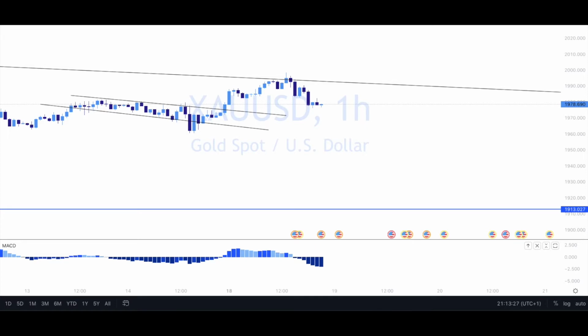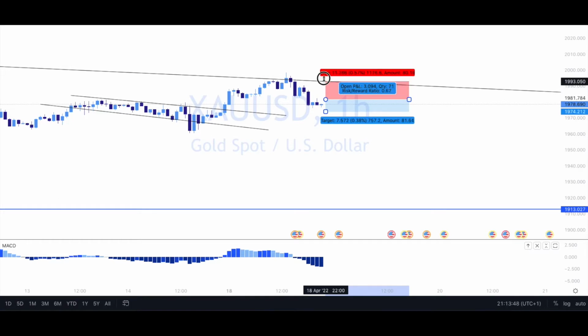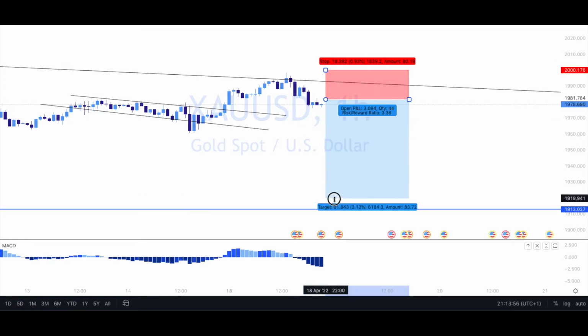What I'm now going to do is put in a sell right about here, and I'm going to cover this top wick over here. This stop is humongous, by the way, just so you know, it's bloody massive.